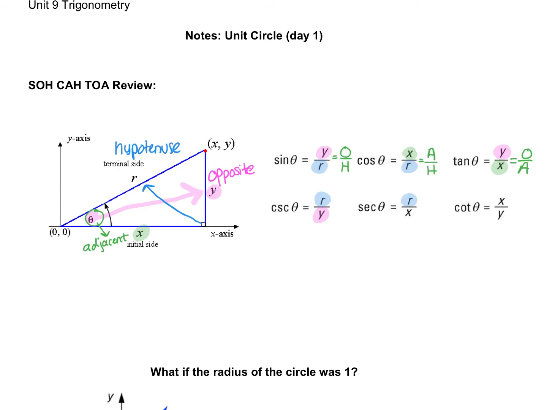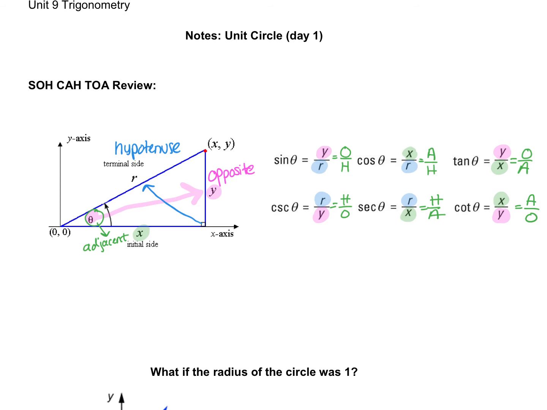Secant is the reciprocal of cosine, so it's going to be r over x. And then cotangent is going to be x over y, because those are originally the reciprocals.